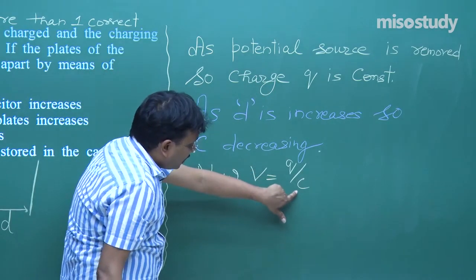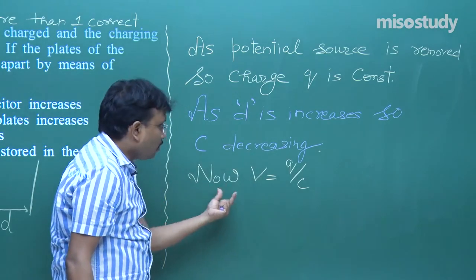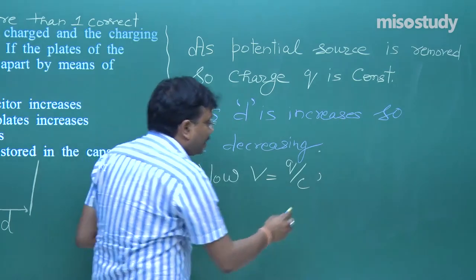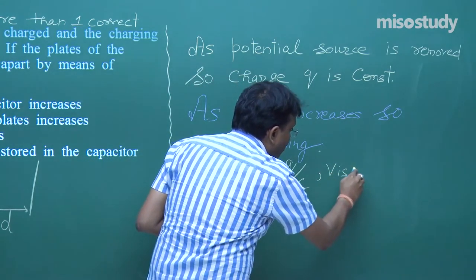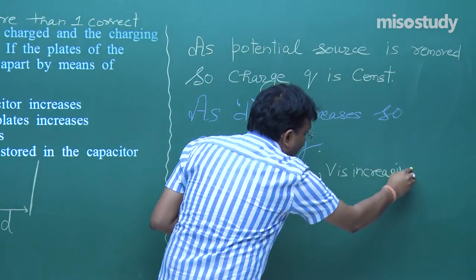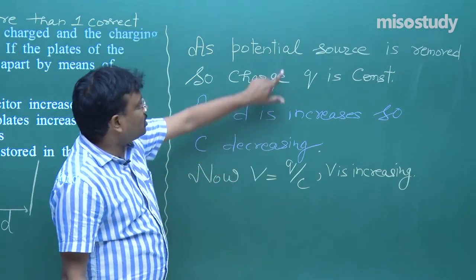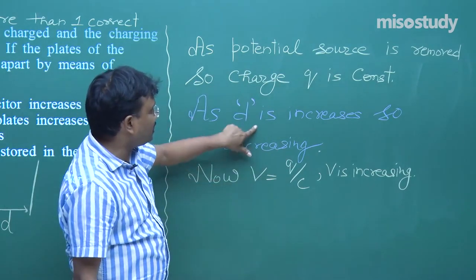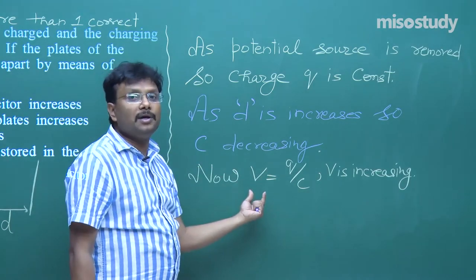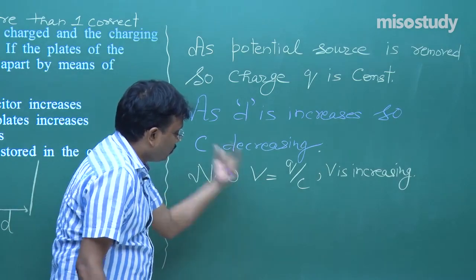C is decreasing, so V should increase. I hope now nobody will ask why. Reason: Q is constant, C is decreasing. So the denominator is reducing, the numerator is constant, so ultimately V is bound to increase. That is, potential is bound to increase.